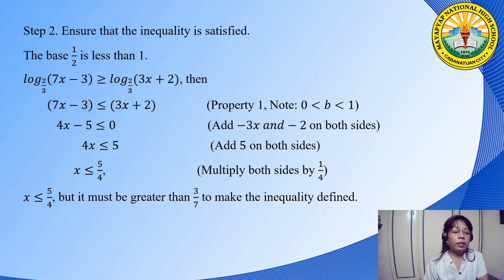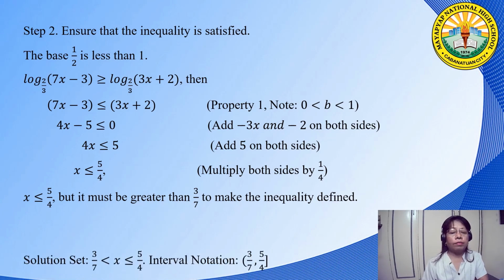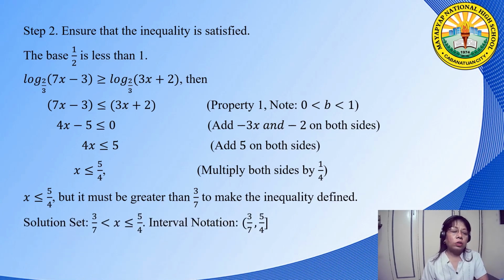So x is less than or equal to 5/4, but it must be greater than 3/7 to make the logarithms defined. So the solution set is 3/7 less than x less than or equal to 5/4. In interval notation, that is the interval from 3/7 to 5/4, with 5/4 included.